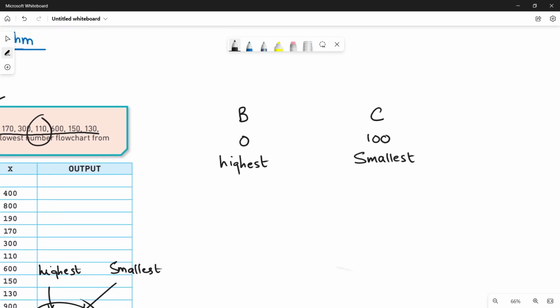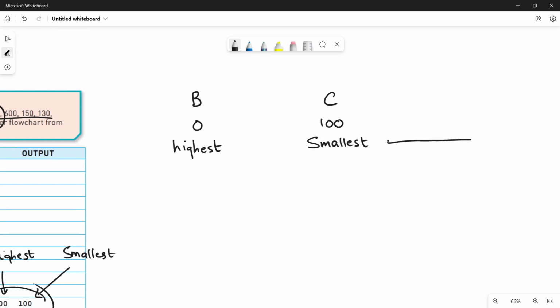Since all the test data is greater than 100 in this example 7.12, the smallest value is greater than 100.